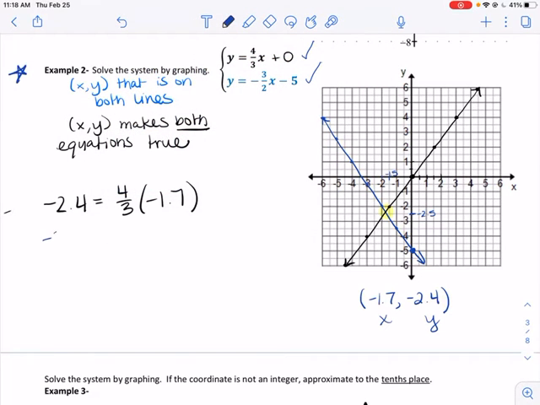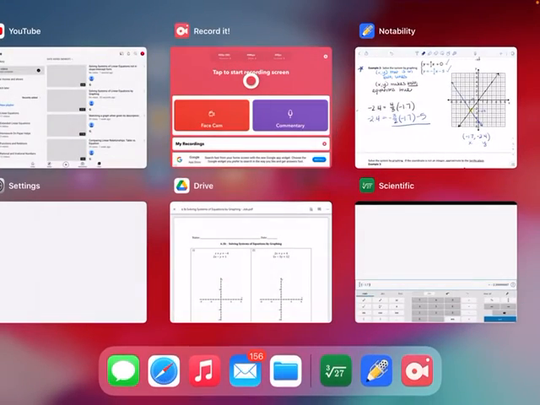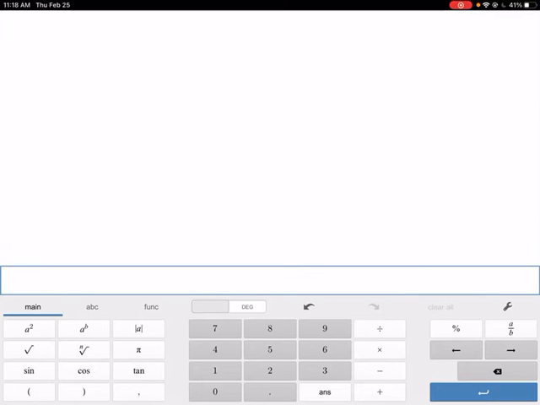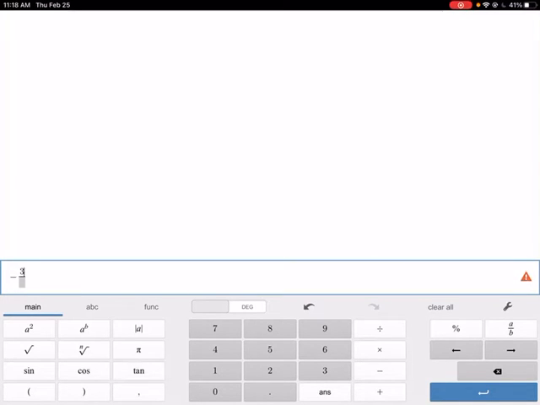So I'm going to put -2.4 in for y again. And then I'm going to put -3/2 times -1.7 minus 5. And then I'm going to put this side into my calculator and see if it equals something close to -2.4. -3/2 times, oh, that was wrong.